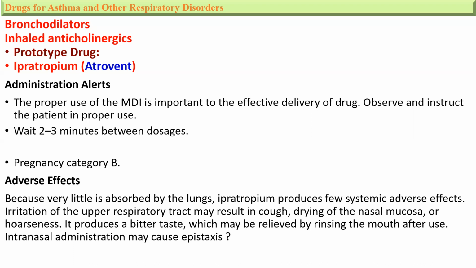Treatment is limited to 3 weeks. For the ipratropium, wait about 2 to 3 minutes between dosages. Avoid contact of the drug with the eyes, otherwise it can result in blurred vision.